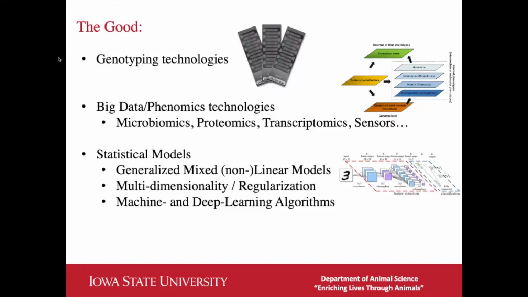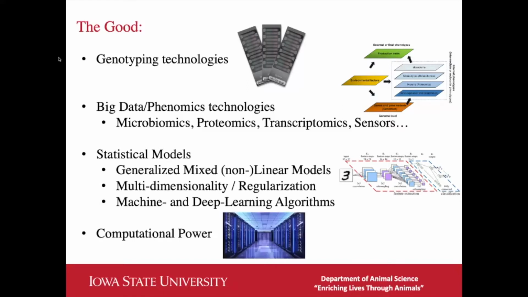Luckily, we have been very effective in developing statistical models to deal with these types of data. Many of these data are not normally distributed. They are very correlated and so forth, but we have several methods that deal with these efficiently. And of course, with that much data and the complexity of the models, now we need to have computational power, and we sure have this. Okay?